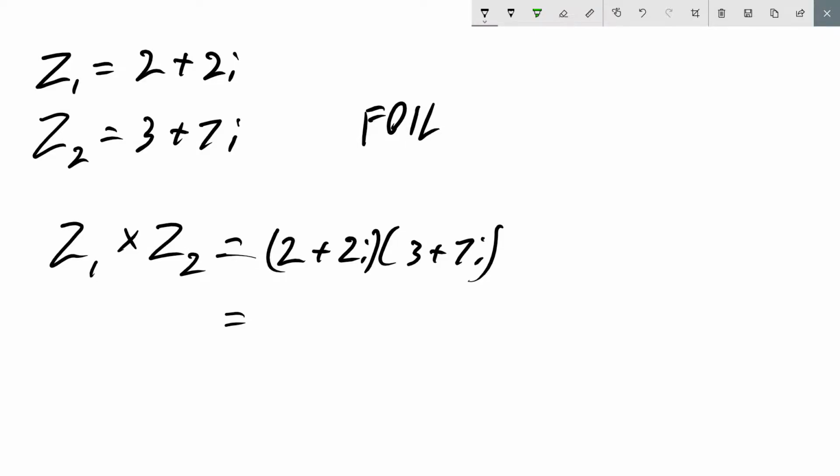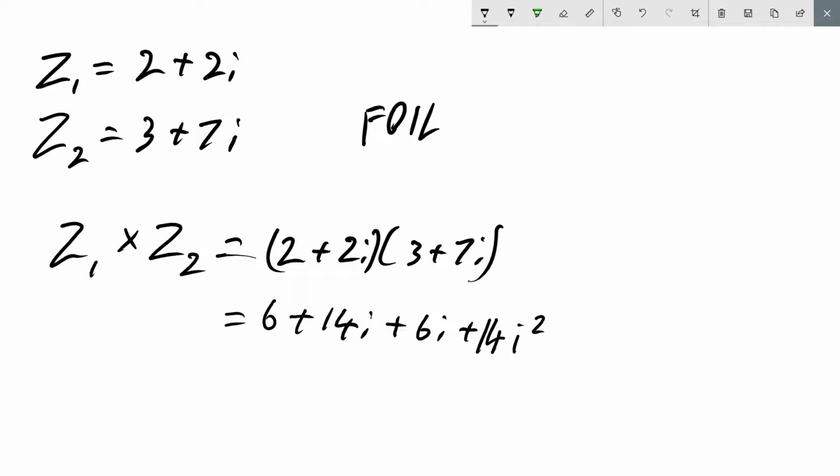first. So 2 times 3 is 6. Outer, 2 times 7i is just 14i. Inner, 2i times 3 is just 6i. And last, 2i times 7i is going to be 14i squared.